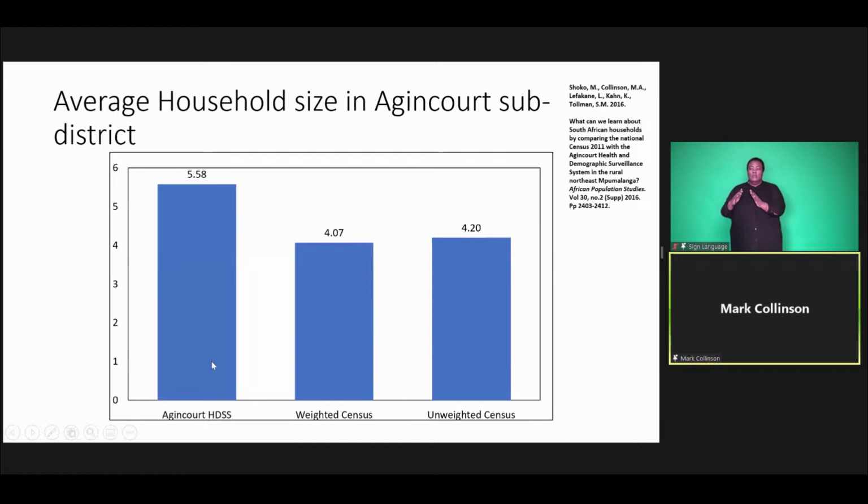But the Agincourt in the same population, 5.6. So the difference between the de jure and the de facto is 1.5 household members. Now these are averages. These go from very large to very small. But effectively, because this is averaging, this is saying across that Agincourt population, representative of what it is, there are 1.5 persons per household who are not there at the time of the national census.